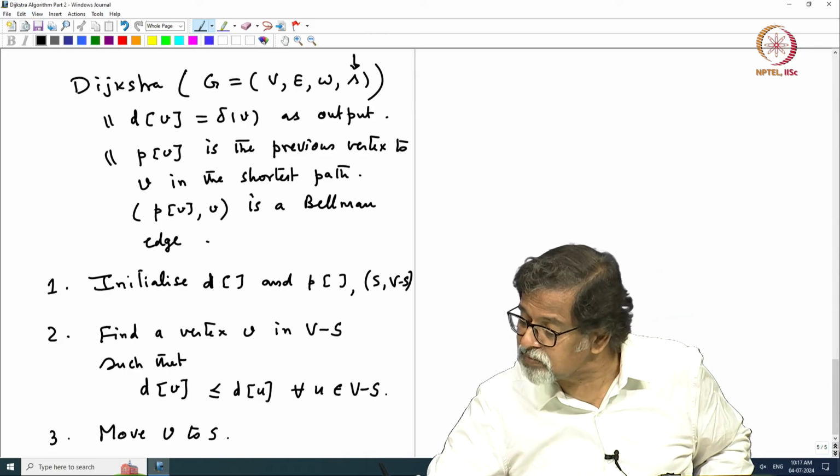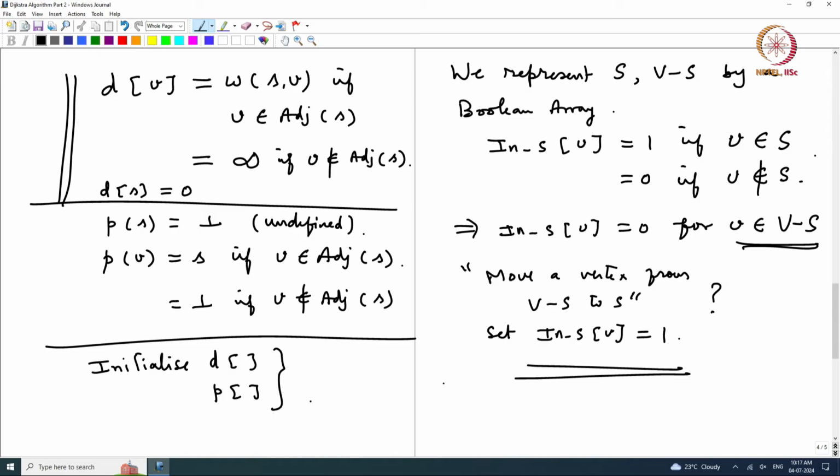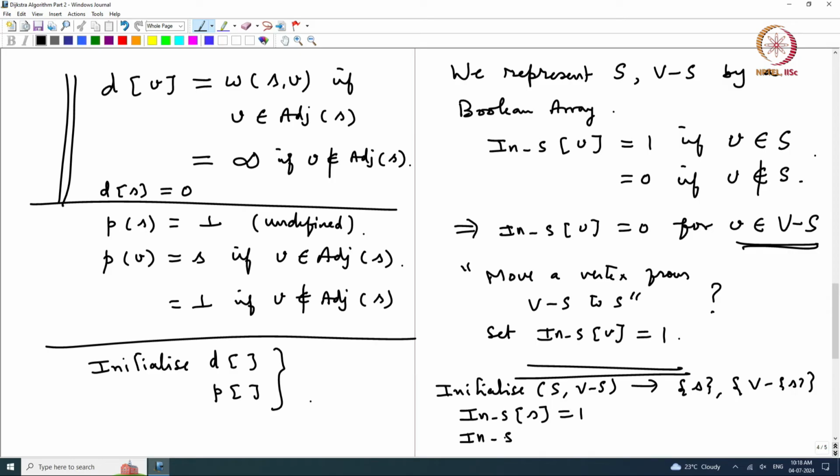Let me see whether I have space in the previous page. So initialize S and V minus S as the singleton S and V minus S. In inS of S equal to 1, because this one is included in S, and inS of V equal to 0 if V is not equal to S. For all other vertices you set inS of V equal to 0, for S you set inS as 1.